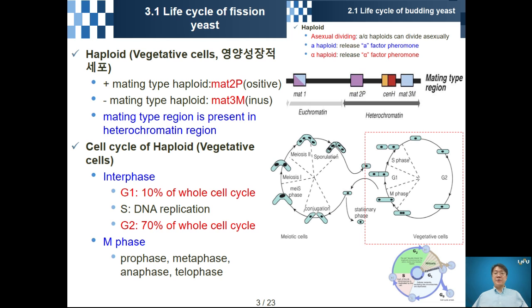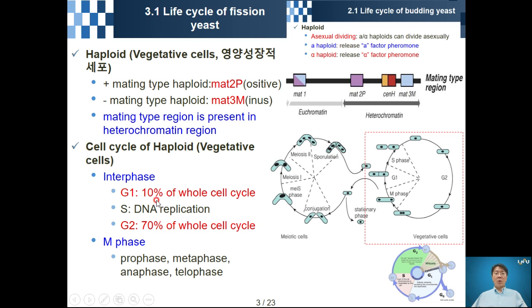How about budding yeast? We already learned that budding yeast is composed of a haploid or alpha haploid, a little bit different. The mating type region is also present in the heterochromatin region, located within chromosome 2.